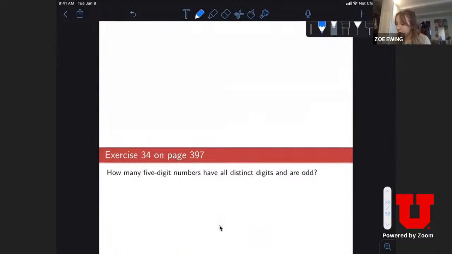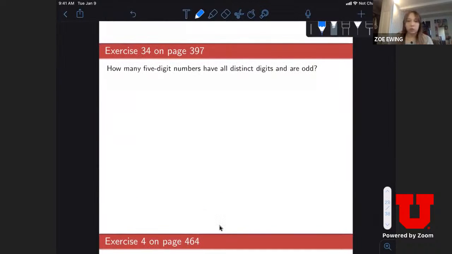Let's go on. This one is pretty straightforward. How many 5-digit numbers have all distinct digits and are odd? So I guess I should clarify. It seems straightforward, but it might be a little bit trickier. So let's see. We have 1, 2, 3, 4, 5. We have a 5-digit number, and every single digit needs to be different, and the number needs to be odd.